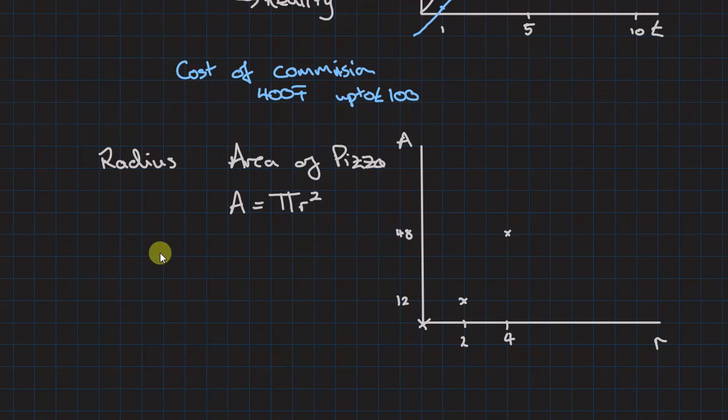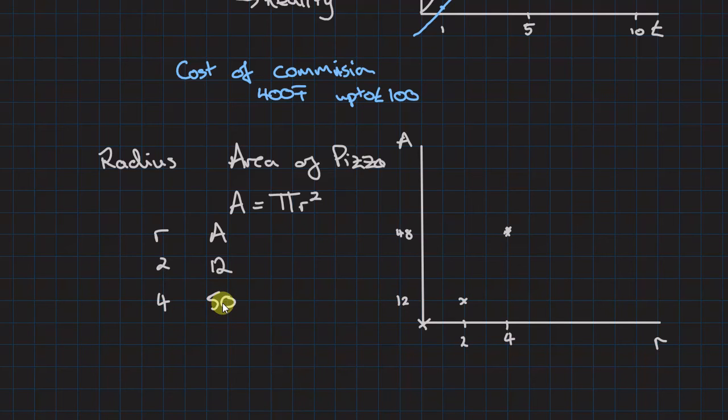If I try a radius, so radius 2 gave me an area of 12, a radius of 4 is 16 times 3.8. That should be, actually, I think that's 49, not 48. Multiplied by 4 squared. Yeah, that gives me 50 actually. It's a little bit over.